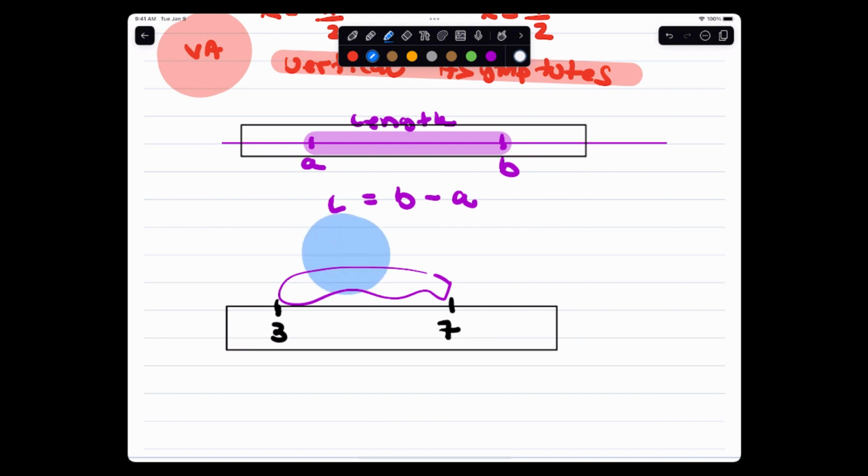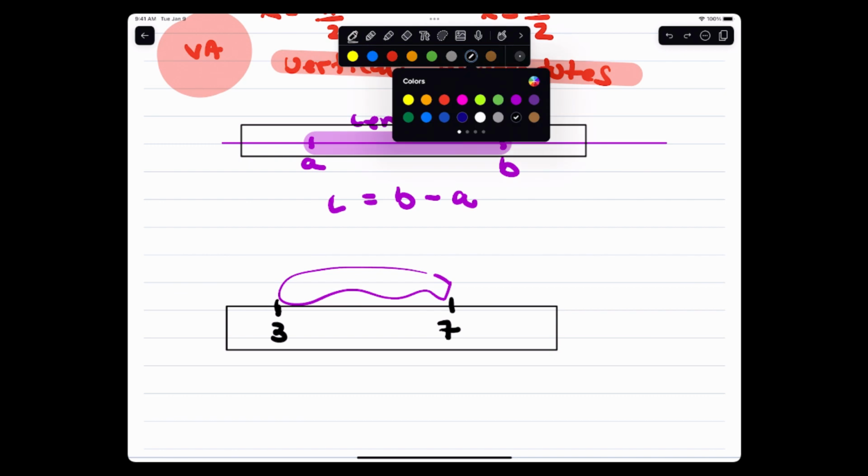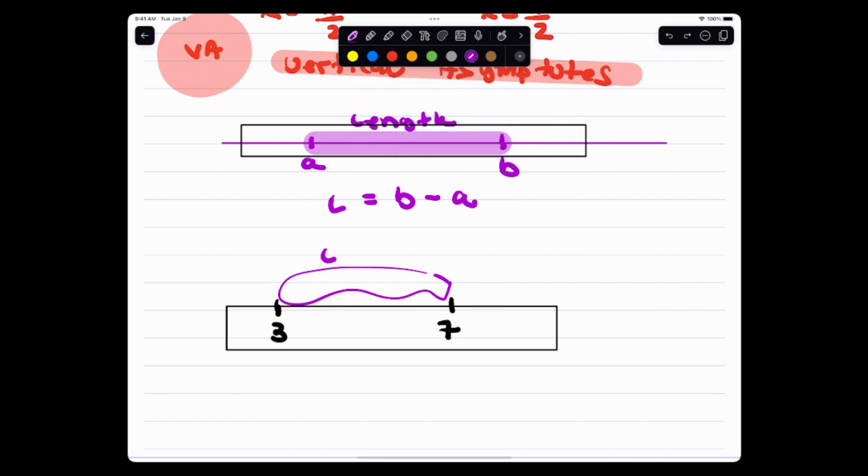How do you know that's 4 units here? Because it's going to be 7 minus 3. And what's 7 minus 3? So that length is 4 units.